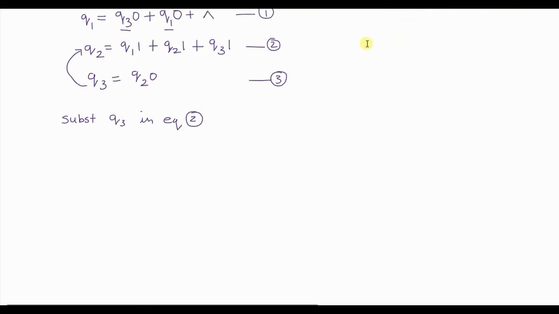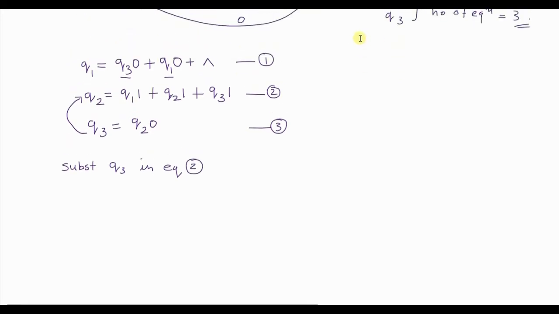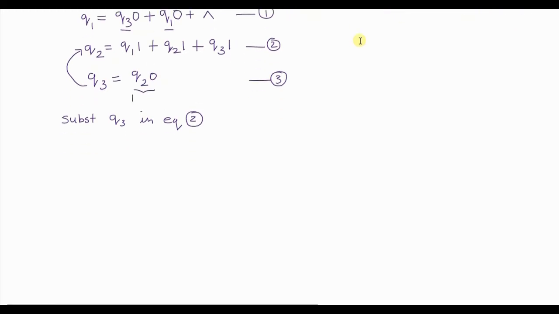So when you substitute Q3, wherever Q3 occurs in equation 2, that Q3 will be replaced with Q2 0. So Q2 can then be written as Q2 equal to Q1 1, this will not change, plus Q2 1 plus, now wherever Q3 occurs here, Q3 will be replaced with Q2 0.